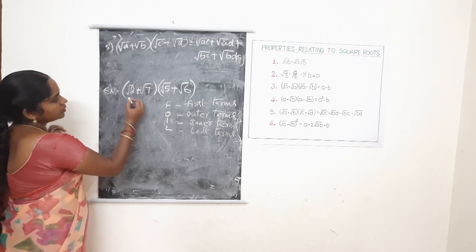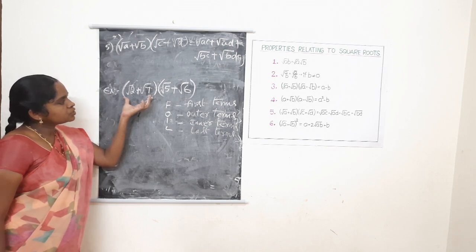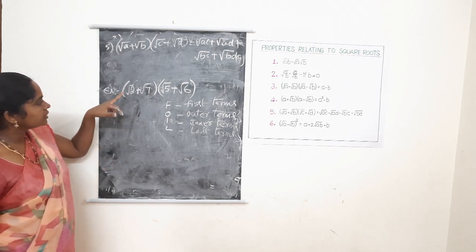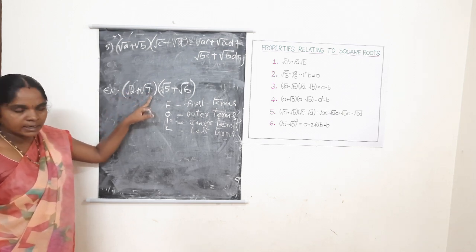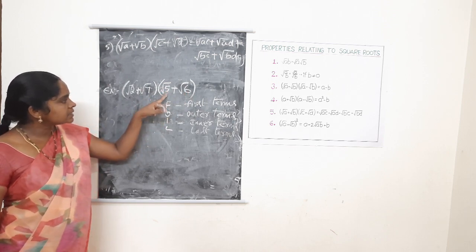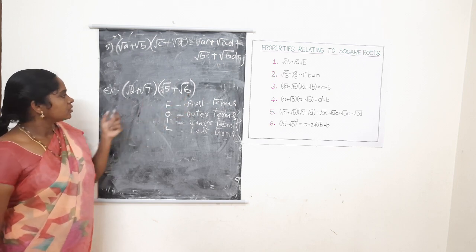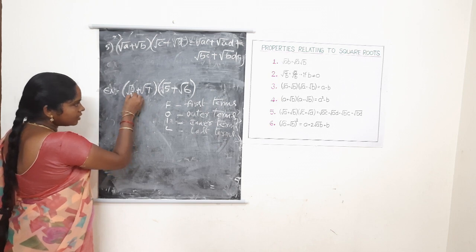So in the first binomial expression, this is the first term and this is the second term.